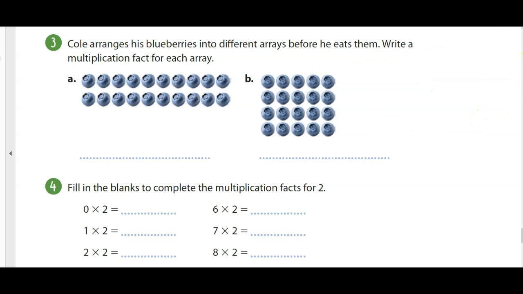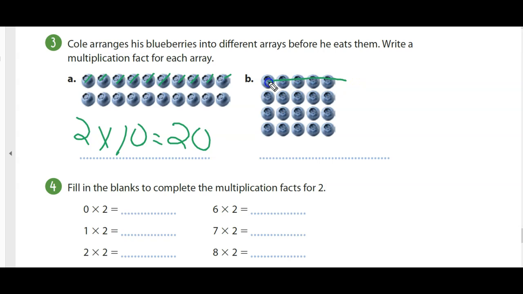Okay? So my first number tells me what? How many rows? So for letter A, how many rows do I have? 2. And how many in each row, right? 10. That would be 1, 2, 3, 4, 5, 6, 7, 8, 9, 10. So 2 times 10 is 20. B, how many rows do I have for B though? 4.